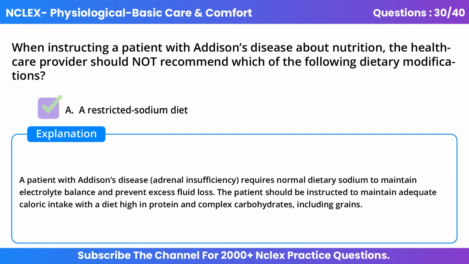A patient with Addison's disease, adrenal insufficiency, requires normal dietary sodium to maintain electrolyte balance and prevent excess fluid loss. The patient should be instructed to maintain adequate caloric intake with a diet high in protein and complex carbohydrates, including grains.